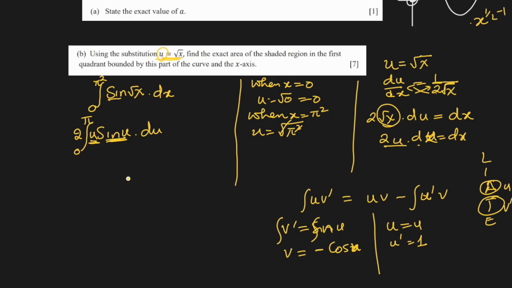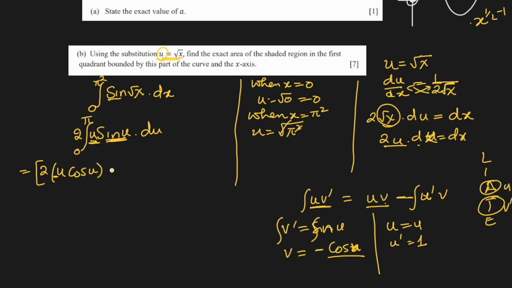Alright, so let's use it. uv prime will be equal to uv: 2, u, and v is minus cos u, so I put minus cos u.